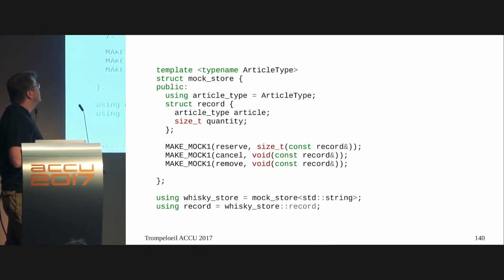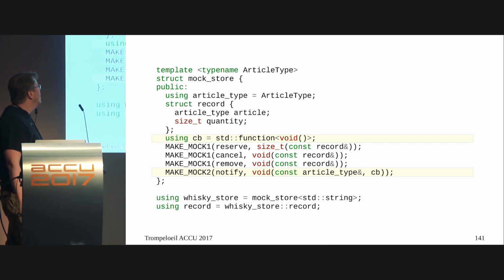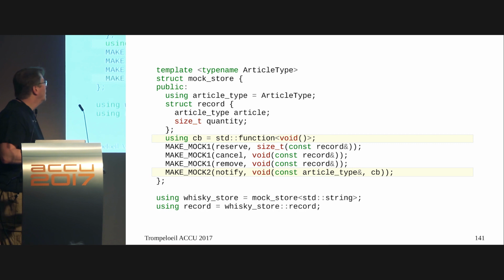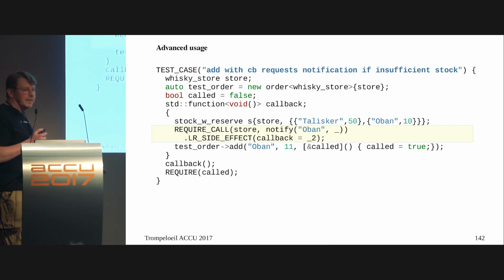Back to our mock, and introduce a convenient type alias and a notify function. Make it mock 2 in this case, since it takes an article type and a callback. And now comes a fairly advanced test case.